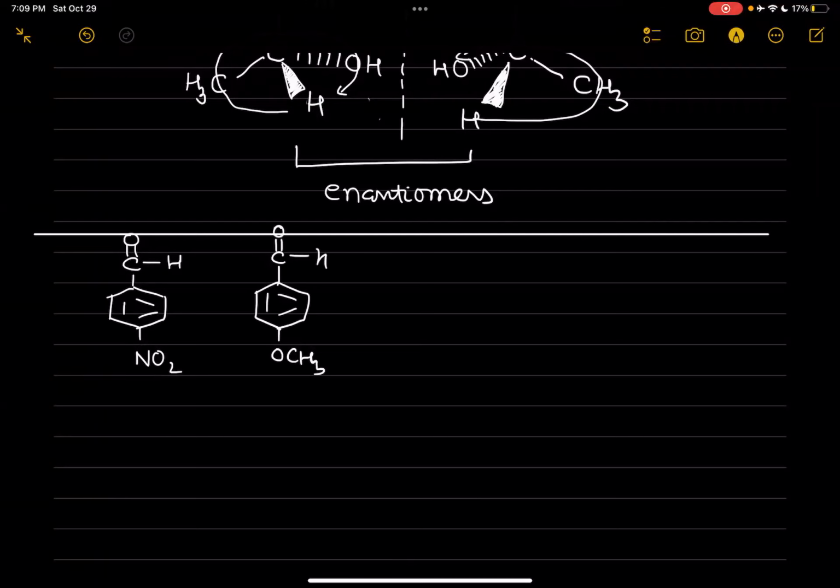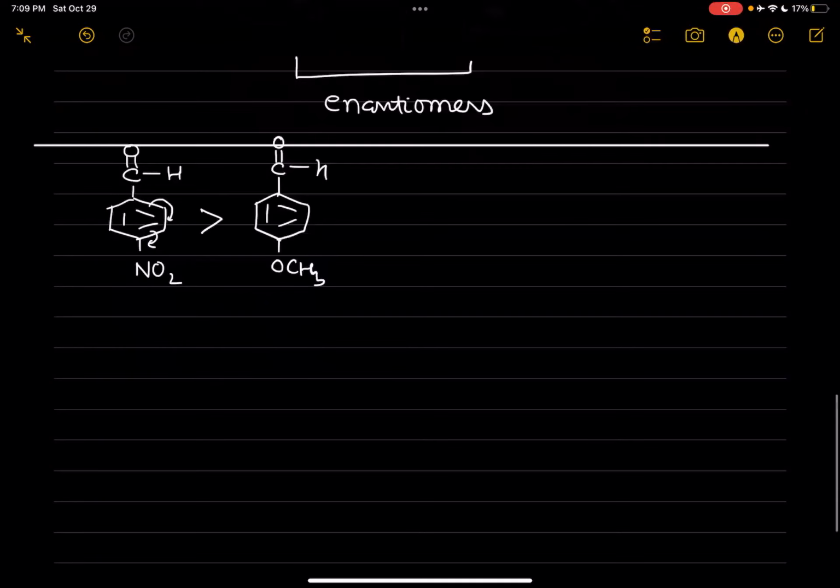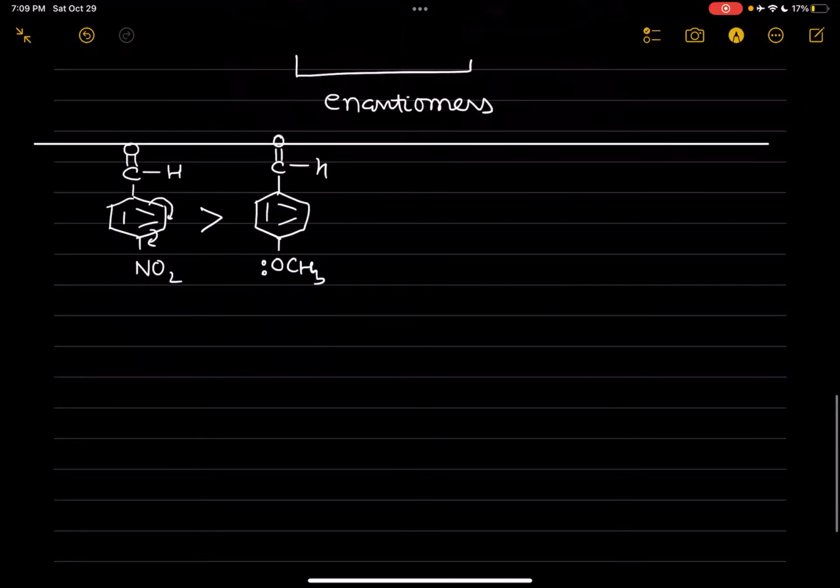Where is the nucleophilic addition going to be faster? In the first case, where there is NO2. Yes, because NO2 pulls the electron by resonance. So this is going to be more reactive, but this is going to be less reactive.